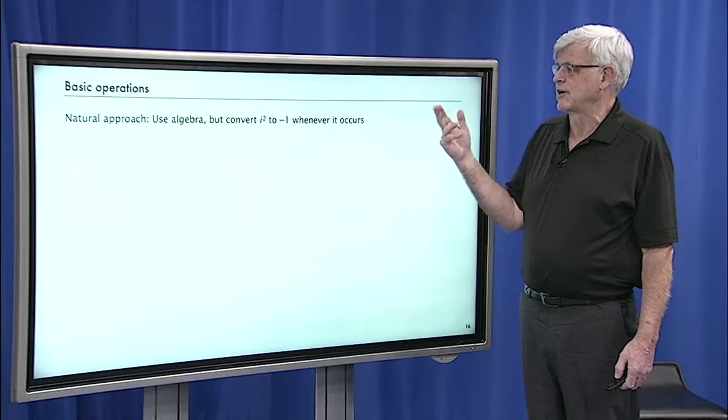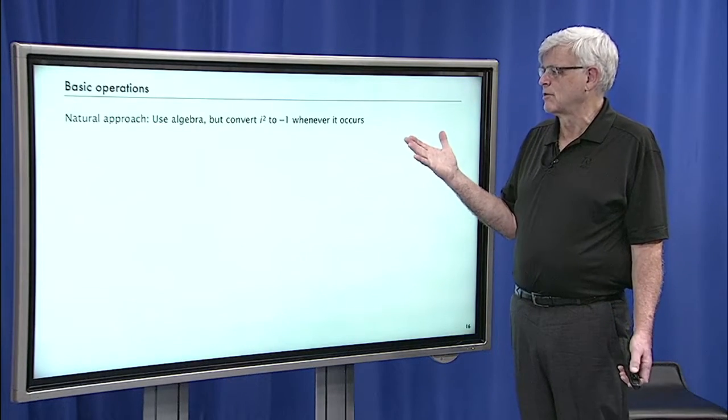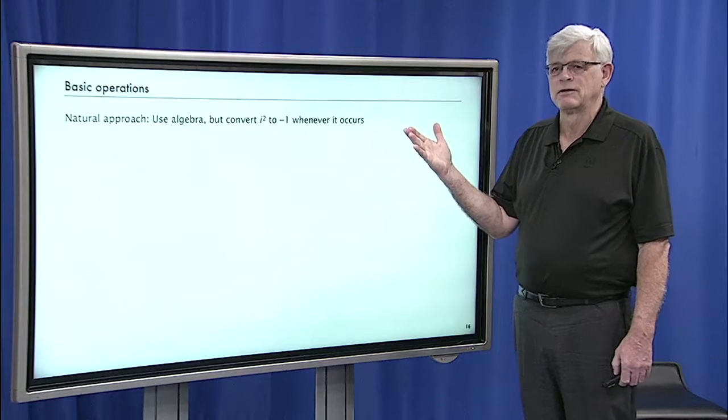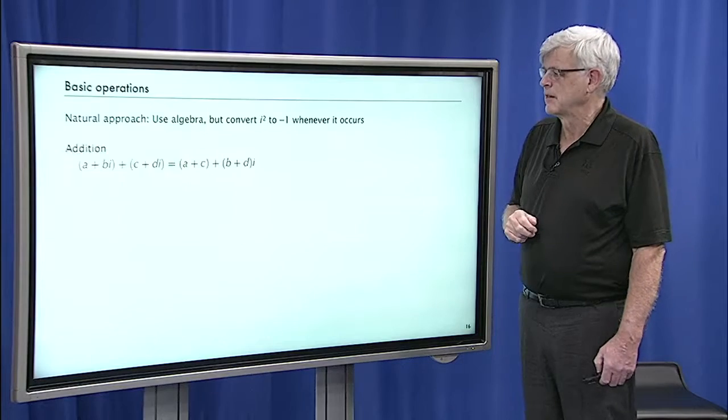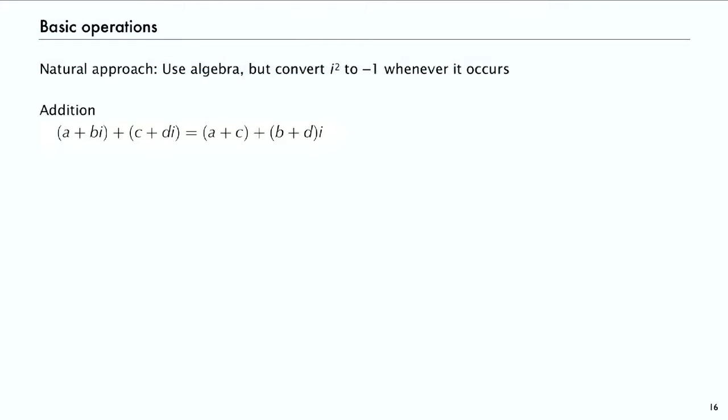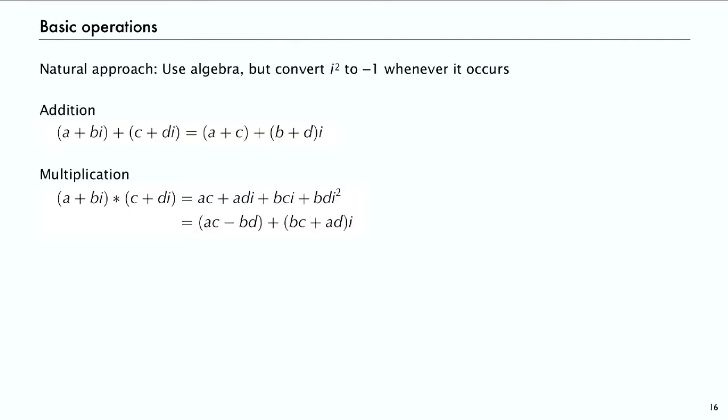Now, to define the basic operations, the natural approach is to just use algebra, but every time you see i squared, you convert it to -1. So if you want to add two complex numbers, that's just algebra: add the real parts, add the imaginary parts. If you want to multiply them, use the distributive law, i squared to -1, and then collect terms.